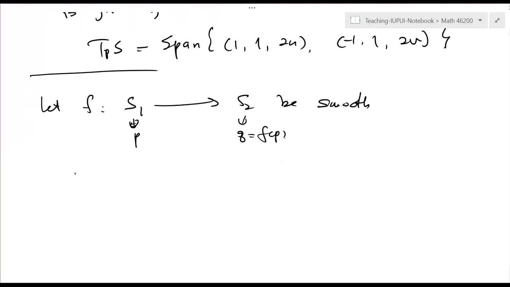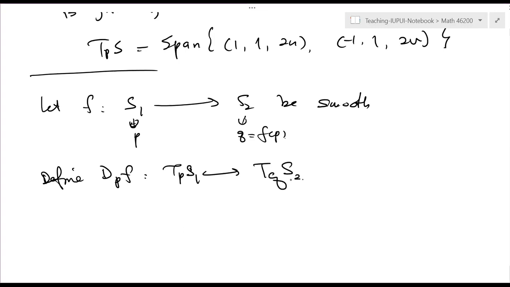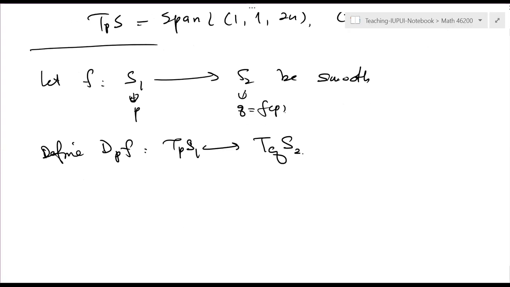We can define the derivative in the following way. We define d_P F, which actually becomes a linear map, as follows. How can I define it? From S1 to S2.